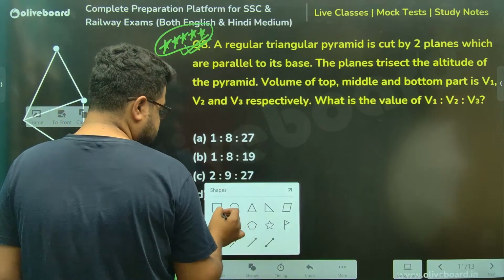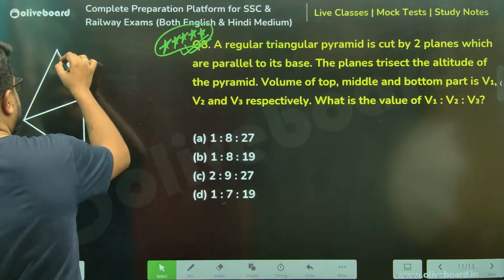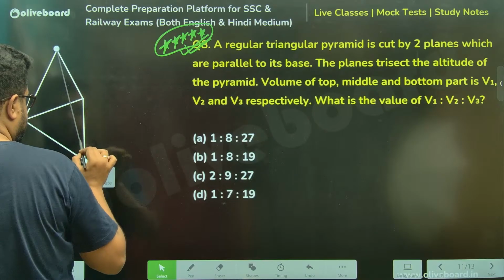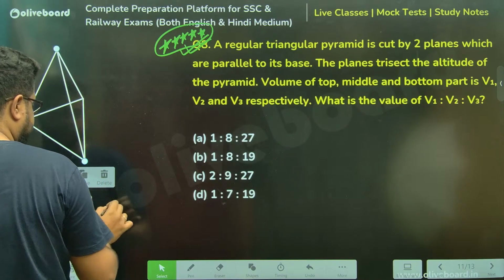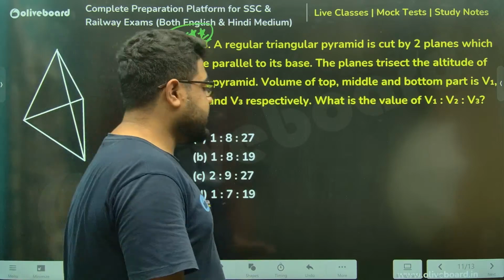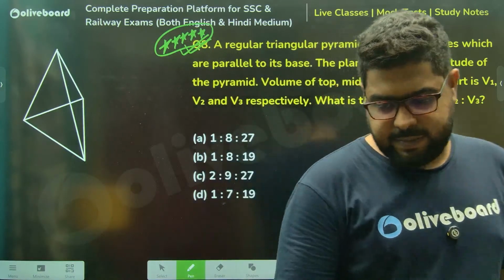Sir, try to understand. This is how the pyramid looks, everyone.